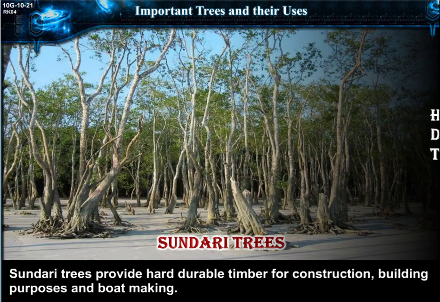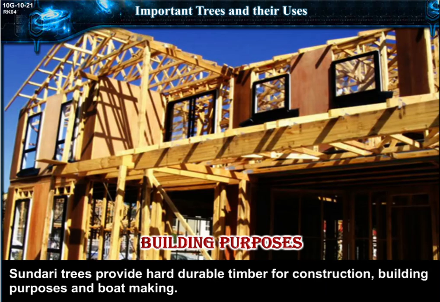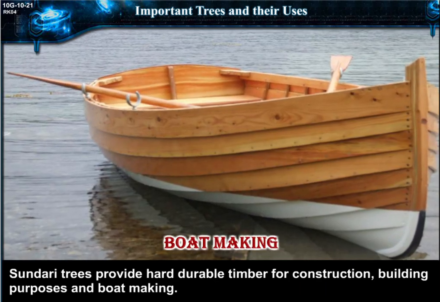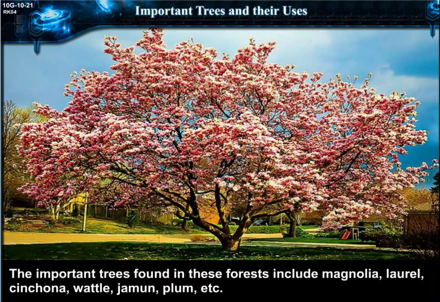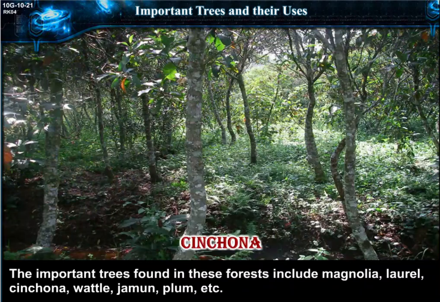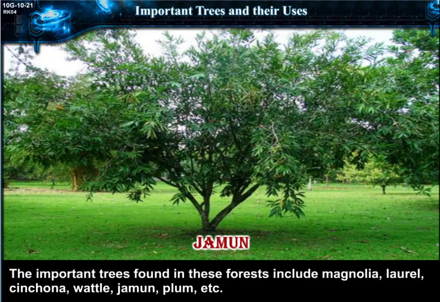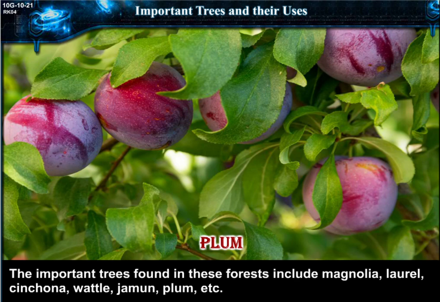Sundari trees provide hard, durable timber for construction, building purposes, and boat making. The important trees found in these forests include magnolia, laurel, cinchona, wattle, jamun, plum, etc.